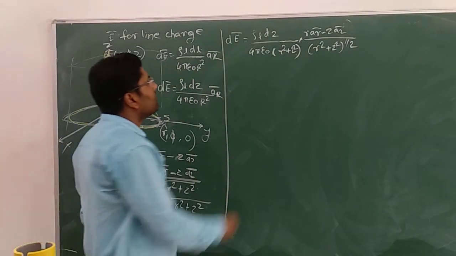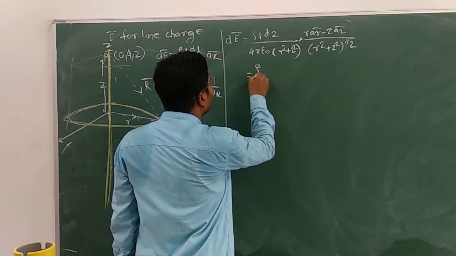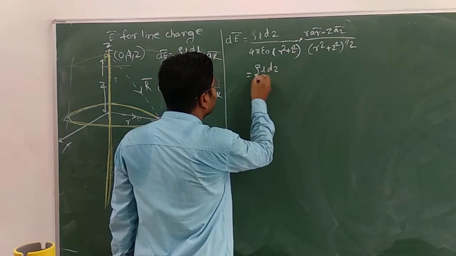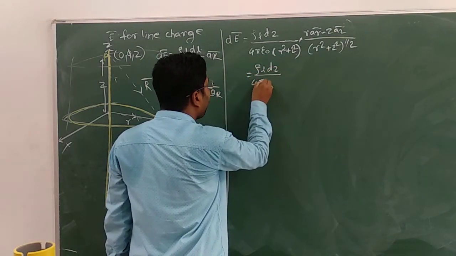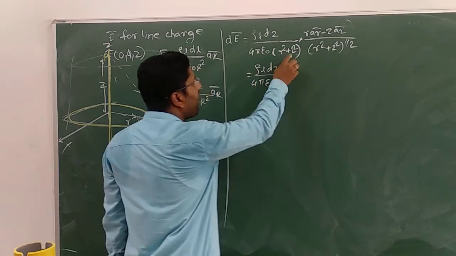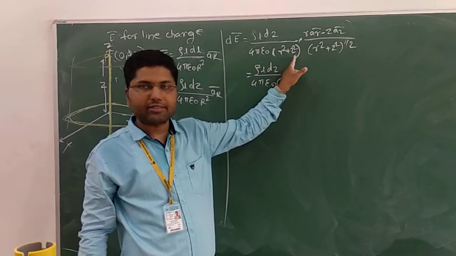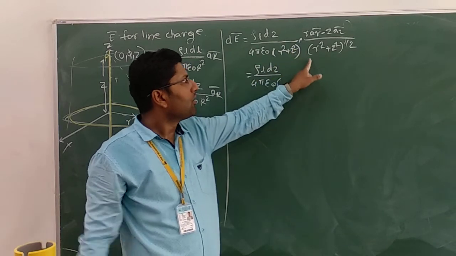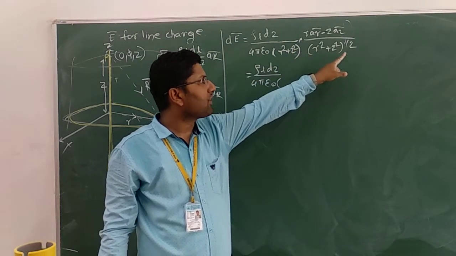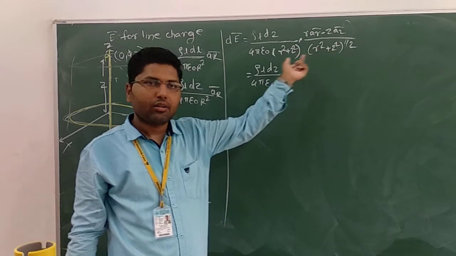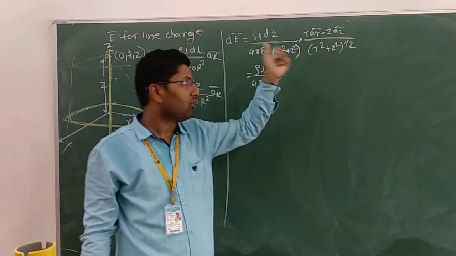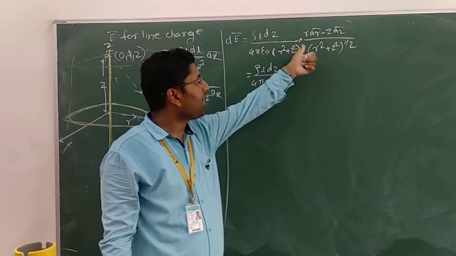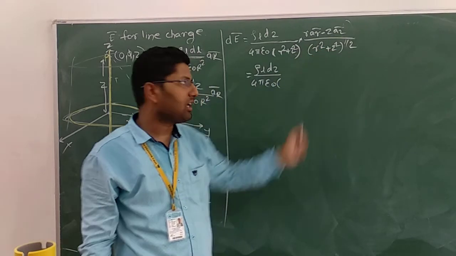Okay, so rho L dZ divided by 4 pi epsilon 0. Now R square plus Z square raised to 1 into R square plus Z square raised to 1 by 2. The base in the denominator is the same, so we can add the powers, 1 plus 1 by 2, that is 3 by 2.